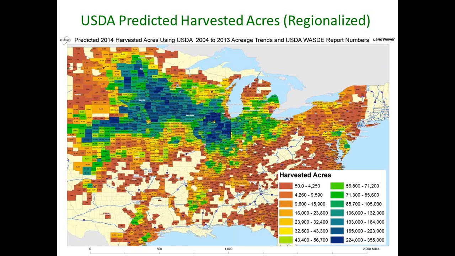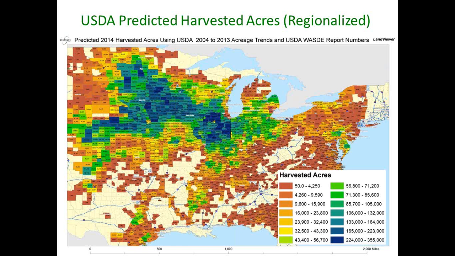We looked at the USDA predictions for yield for this year and for production for this year. And we just kind of tried to figure out for the clients what areas are going to have to produce how much to meet this USDA objective, bearing in mind that the USDA starts off very optimistic.